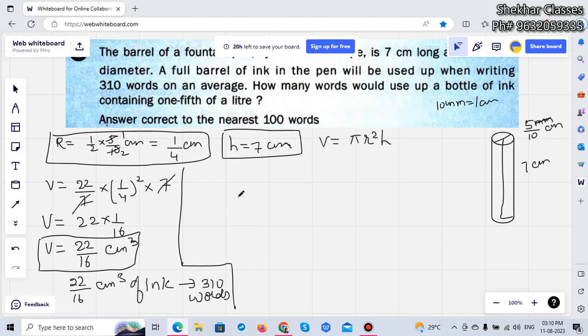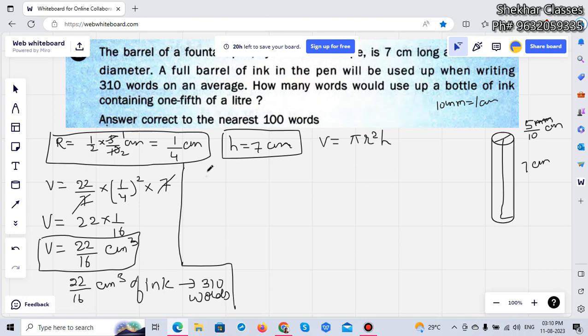So they're asking how many words would be written by 1/5 of a liter. So what is 1/5 of a liter? You have to convert that into centimeter cube.